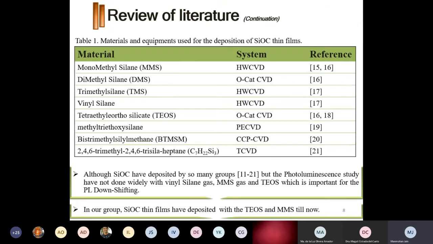With this list, we can see that many groups have deposited silicon oxycarbide thin films, but the photoluminescence properties have not been studied very widely yet. In our group, we have deposited the silicon oxycarbide thin films with the help of TEOS and MMS gas.